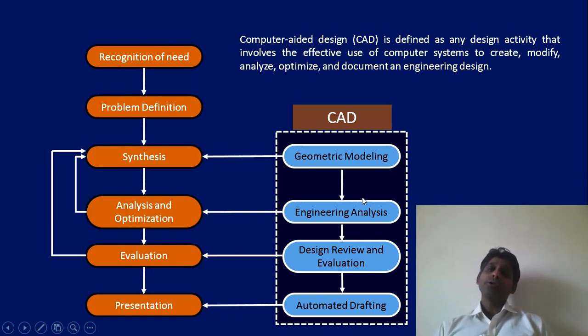And then we can also do NC manufacturing. That is, we can generate the G codes and M codes by using this particular software. So in general, it is a complete package in which you can do almost everything that is important or that has to be done in engineering design.